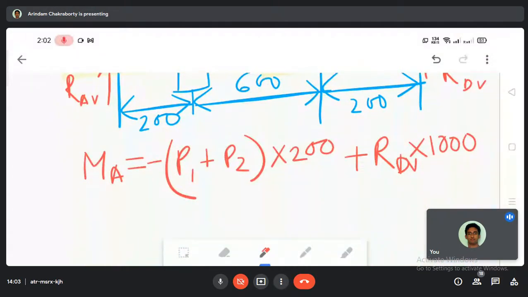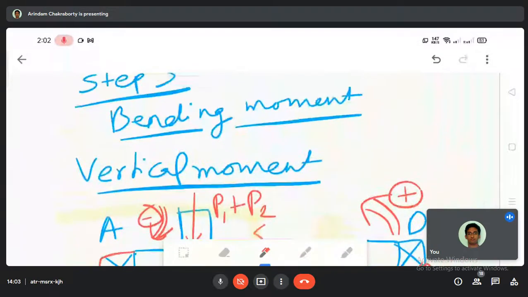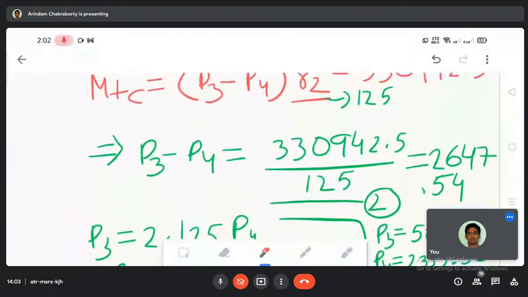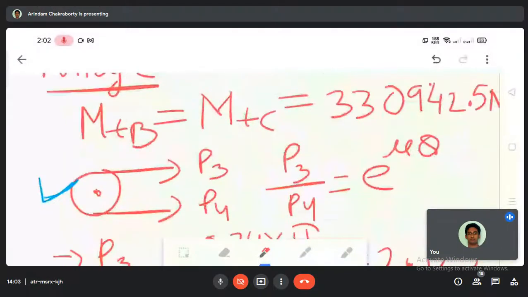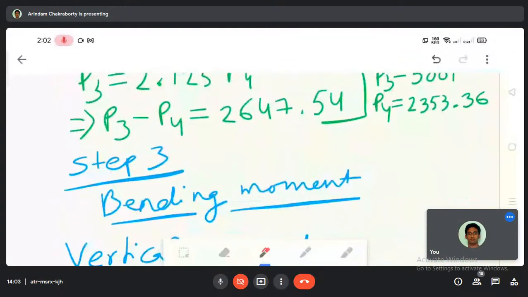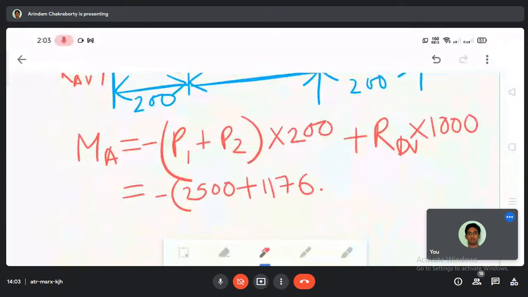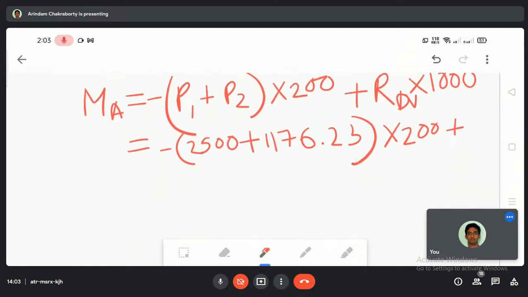Now what we know is that P1 and P2 is nothing but 2500 plus 1176.23, something like that, into 200 plus RDB into 1000.